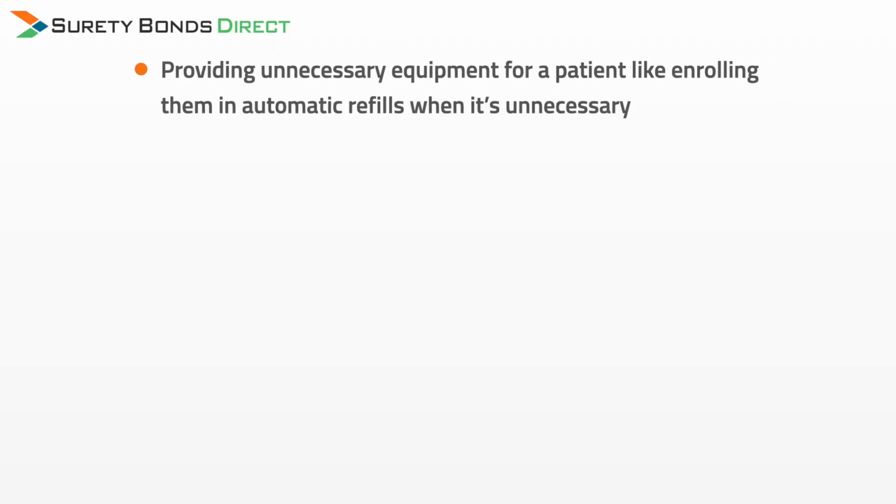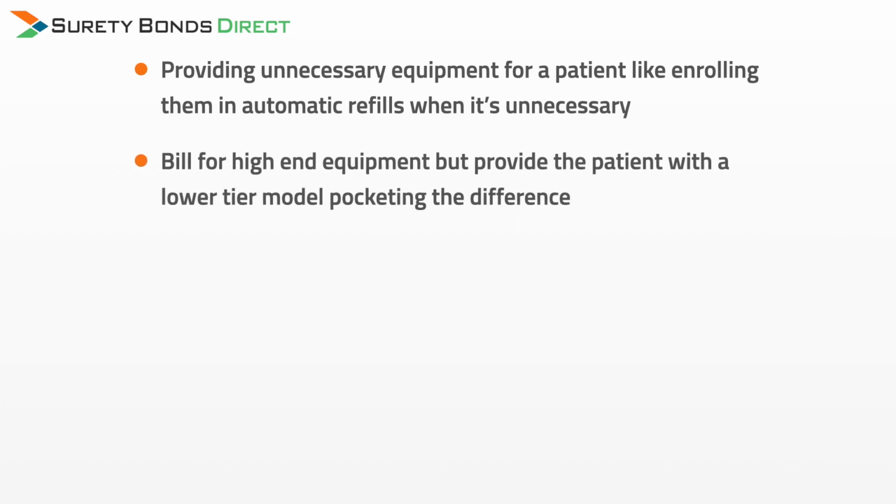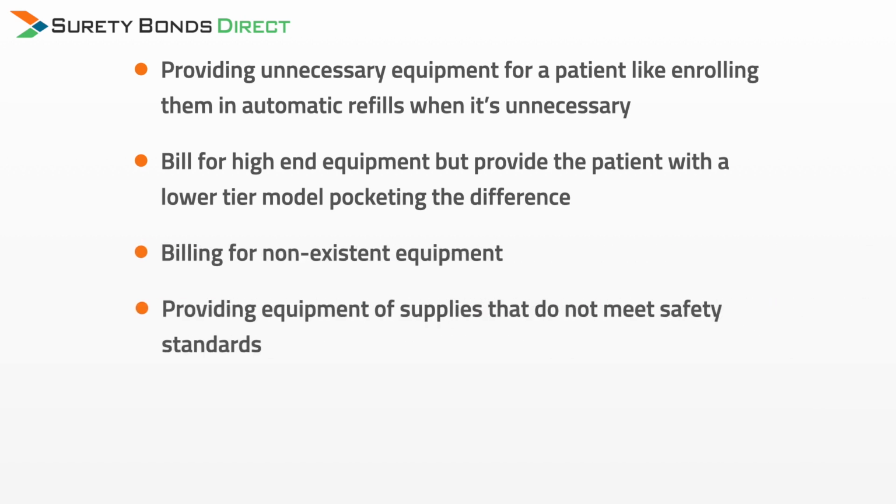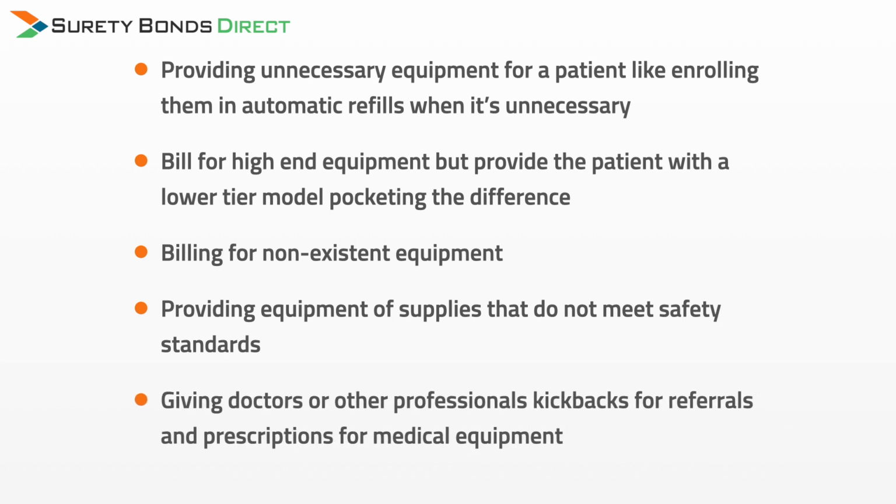Examples of these fraudulent actions include things such as providing unnecessary equipment for a patient, like enrolling them in automatic refills when it's unnecessary, billing for a high-end equipment model but providing the patient or customer with a lower-tier model, pocketing the difference, billing for non-existent equipment, providing equipment or supplies that do not meet safety standards, and giving doctors or other professionals kickbacks for referrals and prescriptions for medical equipment.